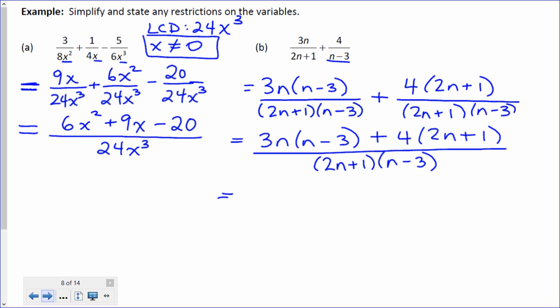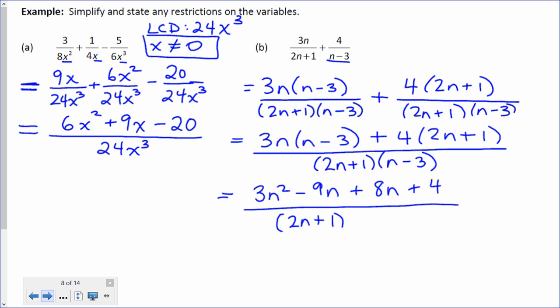Products, okay? So if I distribute, 3n times n is 3n squared, 3n times negative 3 is negative 9n. Positive 4 times 2n is plus 8n, positive 4 times 1 is plus 4. All over, don't expand the denominator. Leave it factored. Factored, we like it. If it's factored, don't make it worse.